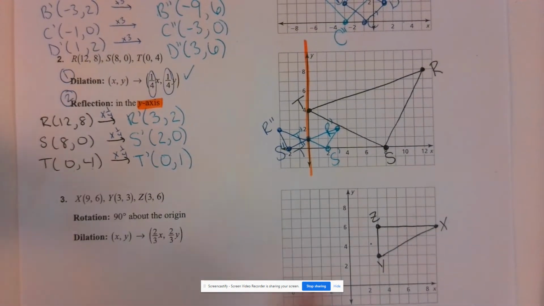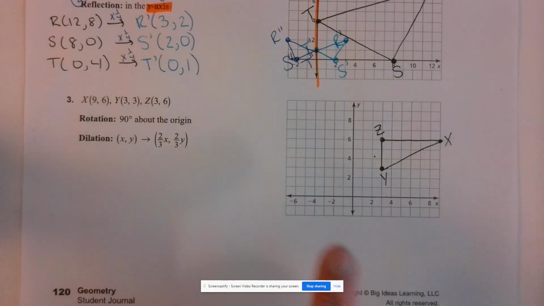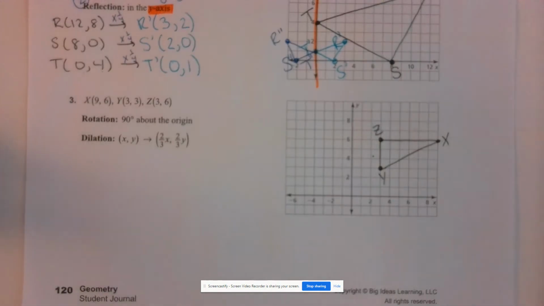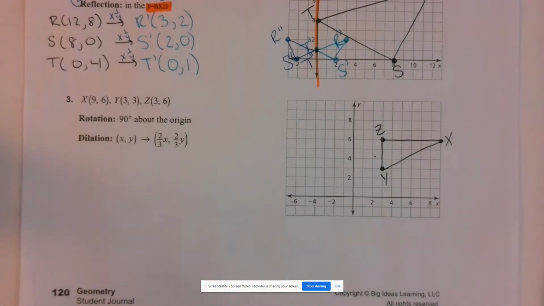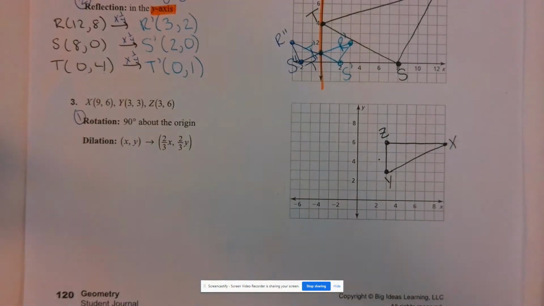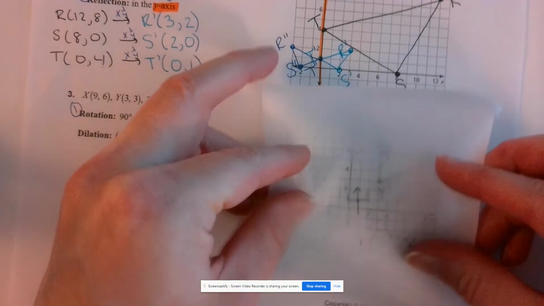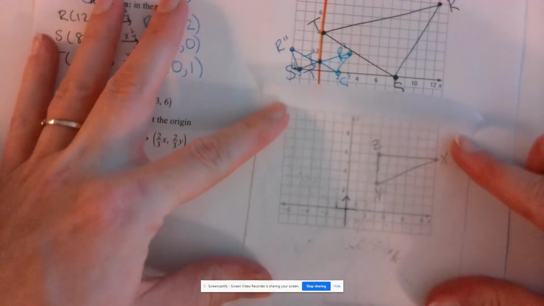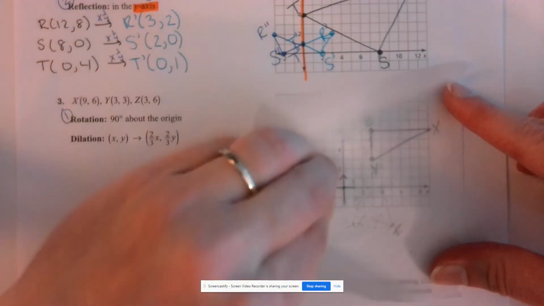Number 3, I've graphed the pre-image. The first transformation they're asking us to do is a rotation 90 degrees about the origin. So I'm going to go ahead and take my patty paper. I have my arrow, my plus sign with the arrow pointing up.